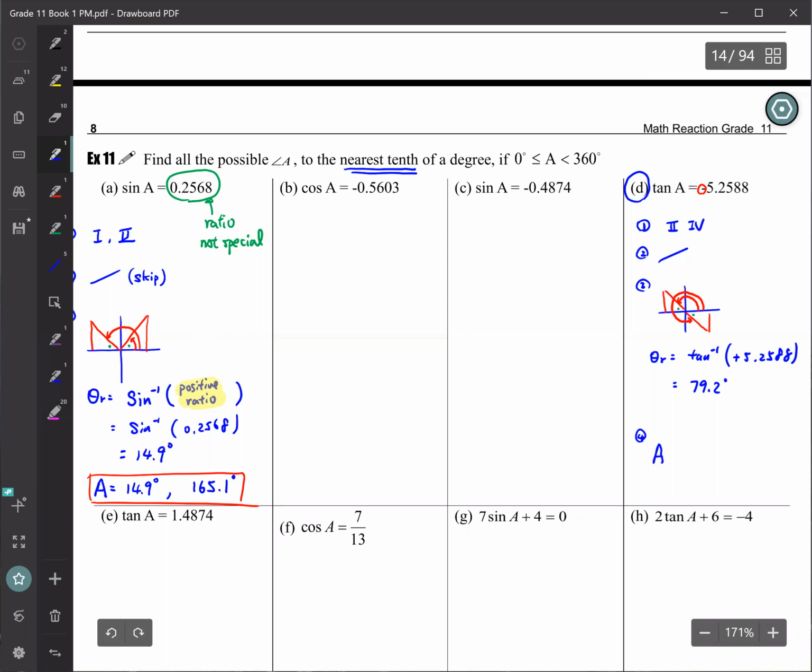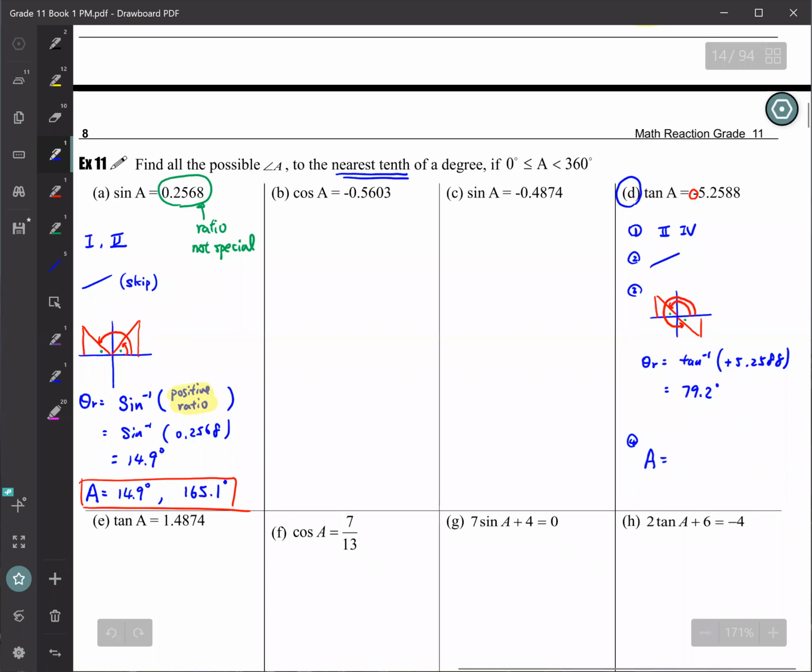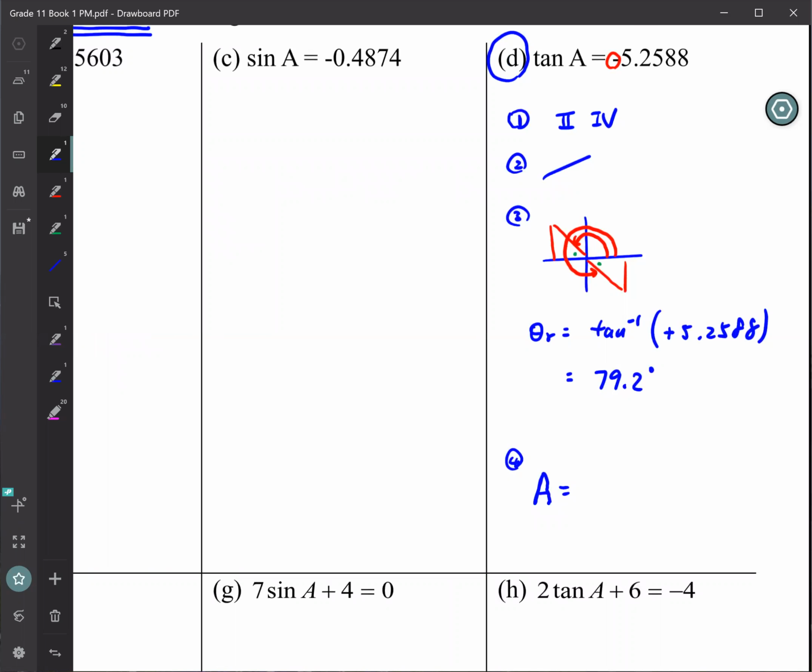This one is using A, angle A in the question. Raise your hand if you have the 2 angles.